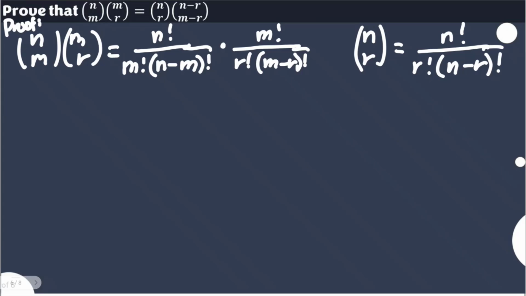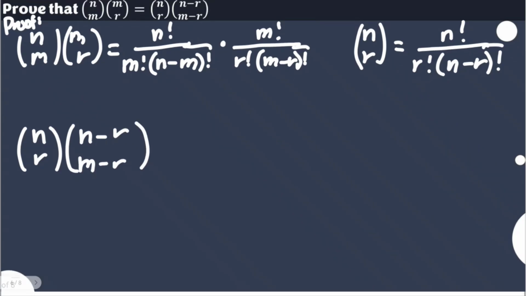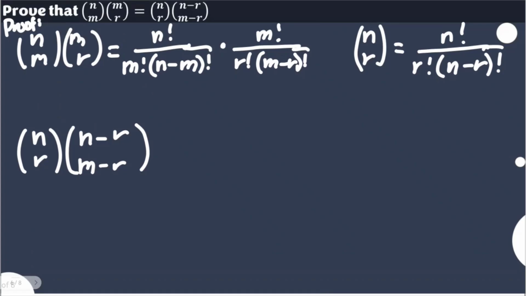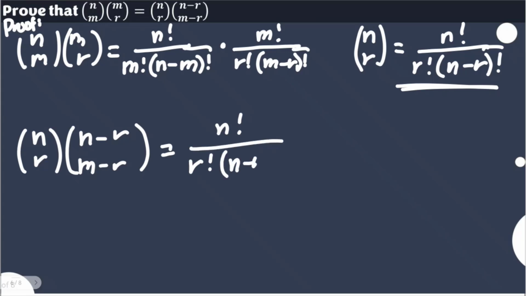Now, how about n combination r times n minus r combination m minus r? Following the idea, for n combination r, you will just have n factorial over r factorial times n minus r factorial times, now this is where it gets complicated. Take note, this is now your n and this is now your r. So notice what happens for our second term on the denominator.